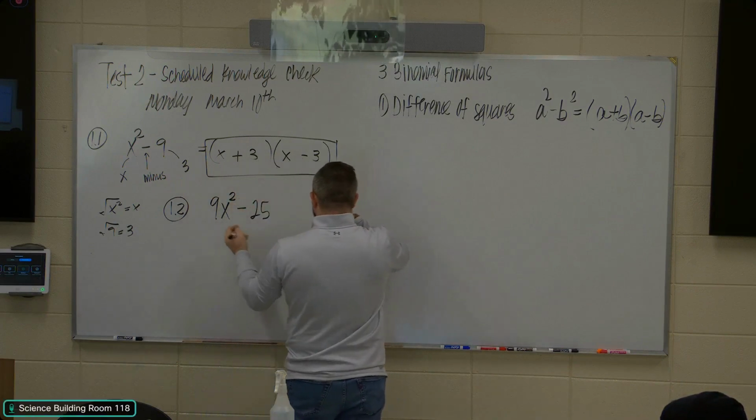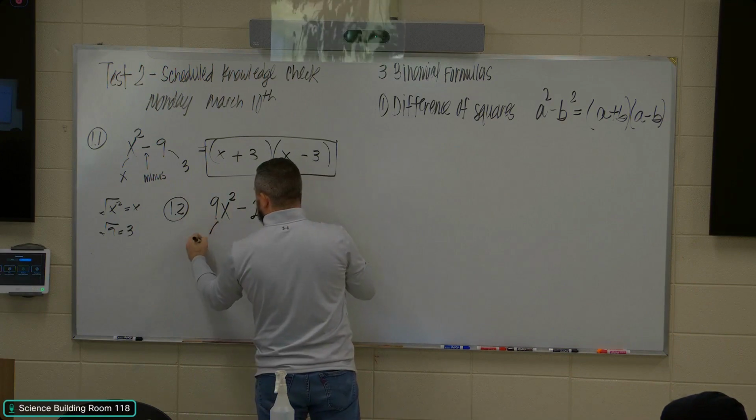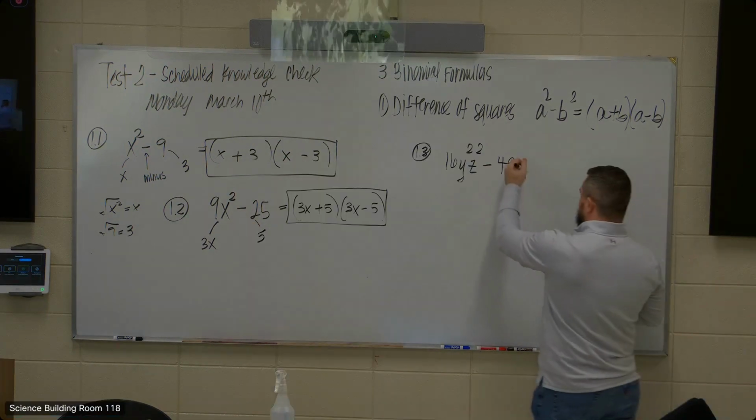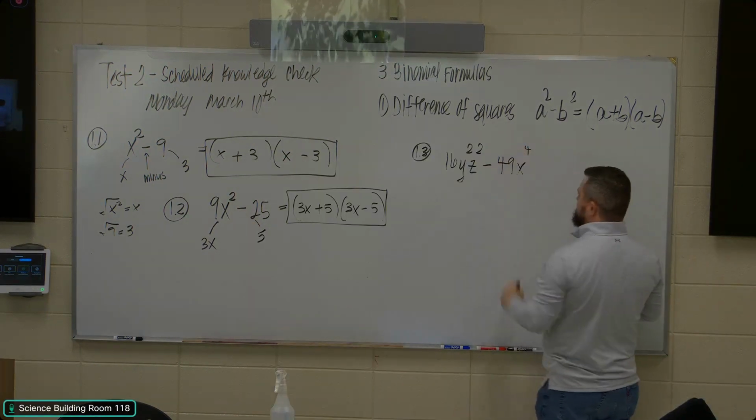So, square root of 9 is 3, square root of x squared is x, square root of 25 is 5. I'm trying to make this one.